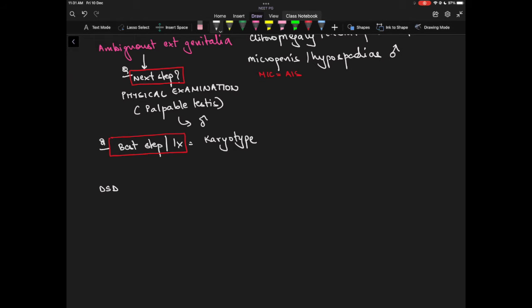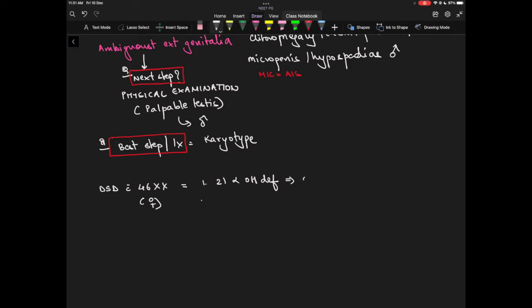Now, let us look at the differential diagnosis of DSD with 46XX karyotype. First is 21 alpha hydroxylase deficiency. We've already seen it is the most common cause of female pseudohermaphroditism.